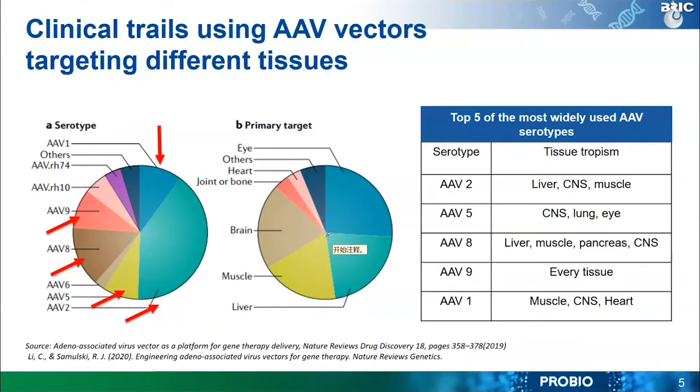A large percentage of AAV gene therapy under clinical development is focused on the CNS, including brain and the eye.